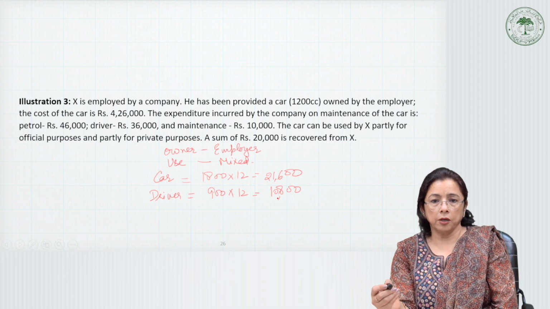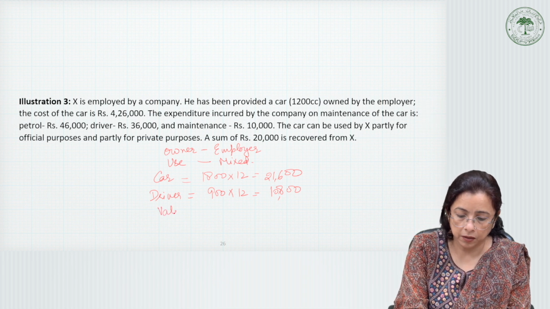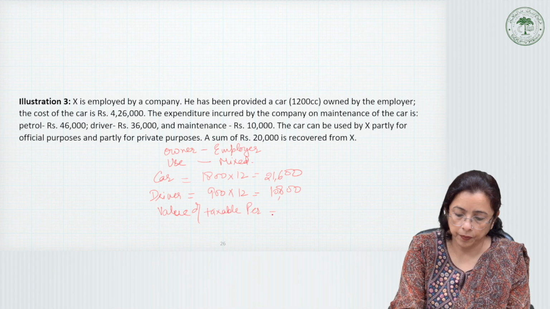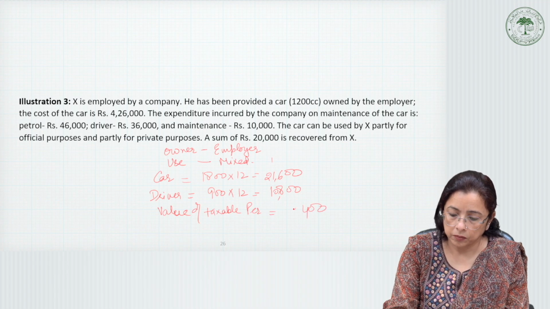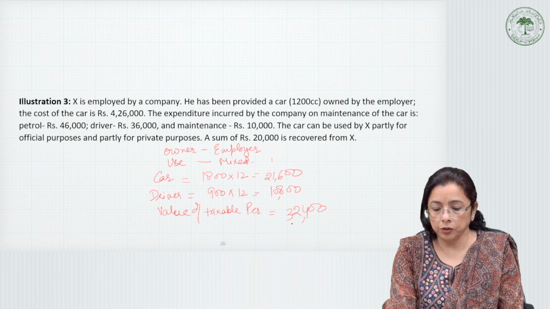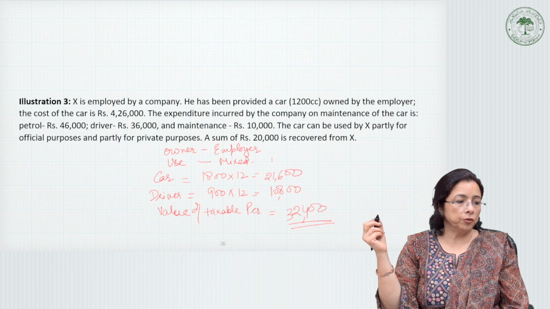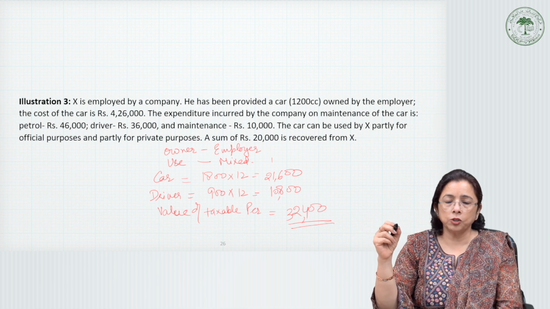That is 21,600 plus 10,800, so the value of the perquisite is 32,400. This is how we are going to decide and compute the value of perquisite in this case, that is when the employer is bearing everything, and the car is also provided by him.